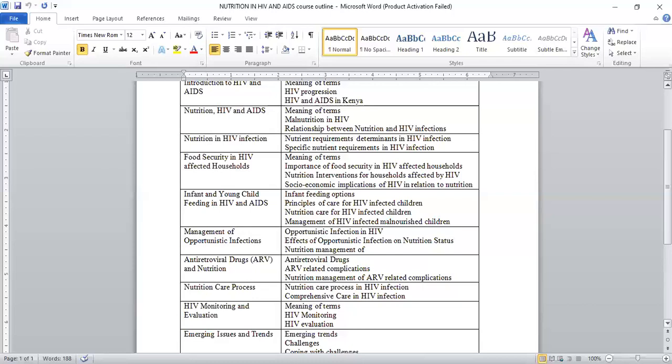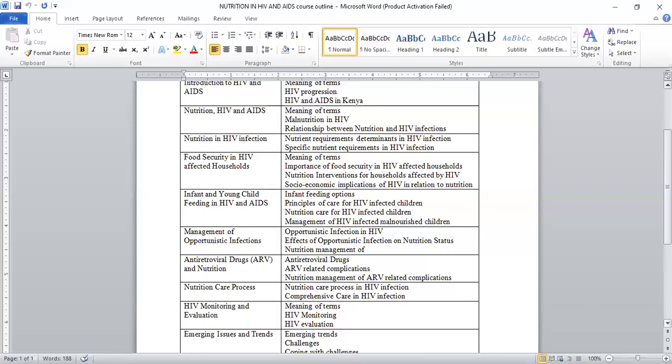There are many opportunistic infections such as meningitis, TB, and even pneumonia, and many other diseases. Basically, these opportunistic infections are the ones which make a person progress. Remember, a person progresses from HIV to AIDS. You can have the virus, but you don't have AIDS. Hoping you can tell the difference from the HIV and AIDS unit.